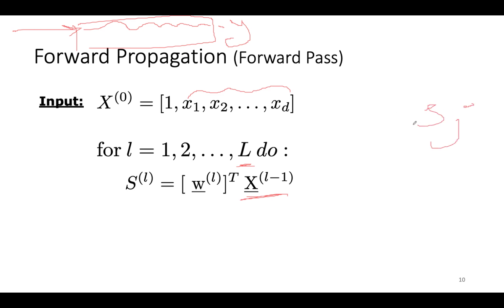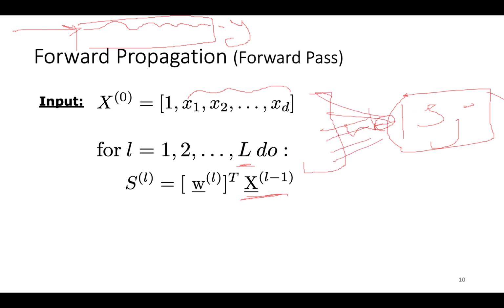So if you want to compute this, you take the incoming weights and those X's from the previous layer. This is the way you compute your S of the layer L.